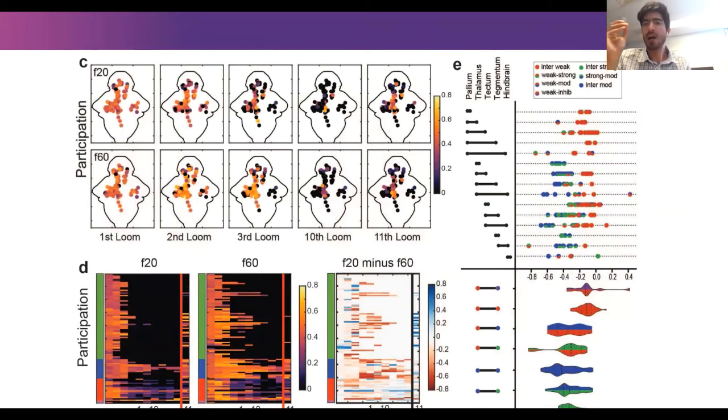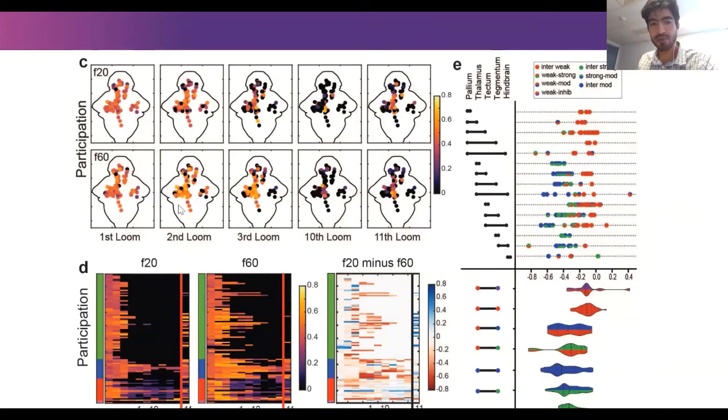Participation is with how many different clusters each node communicates. If a green node is always communicating with green nodes, it will have a low participation. If it communicates with red, green, blue, purple, then it will have a high participation.